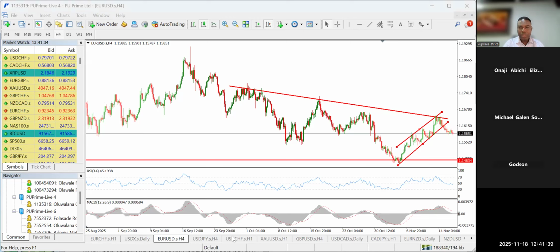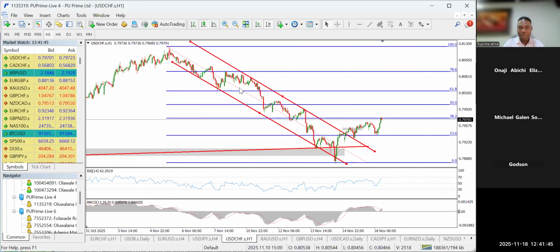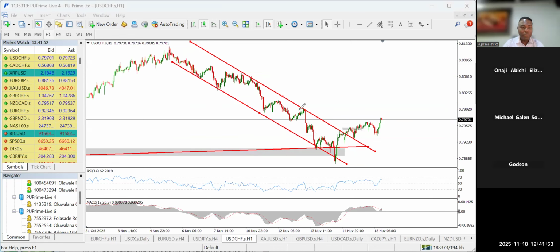I'll start with the USD, which I analyzed as a bullish setup yesterday morning to start the week. And currently, it's going in that direction. If you joined the morning analysis yesterday, I said we can see a falling wedge on the USD after price hit a support zone on the daily time frame.